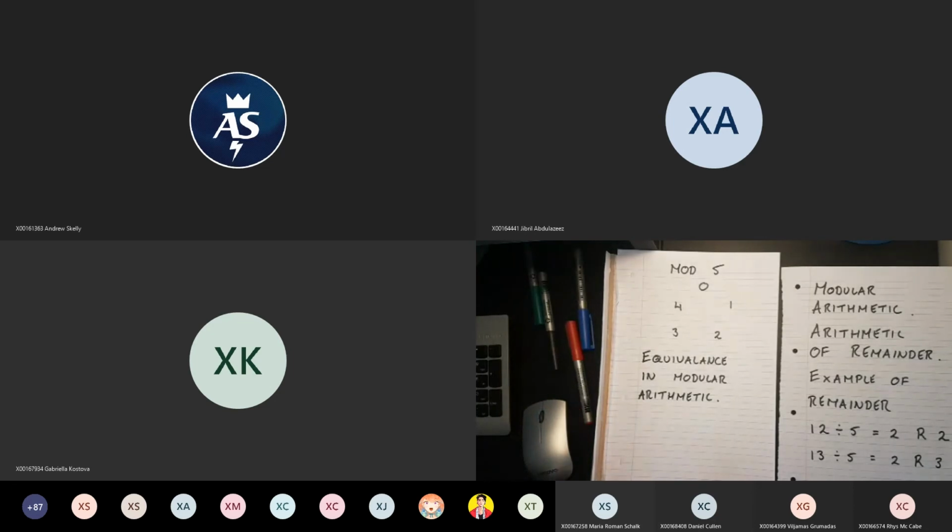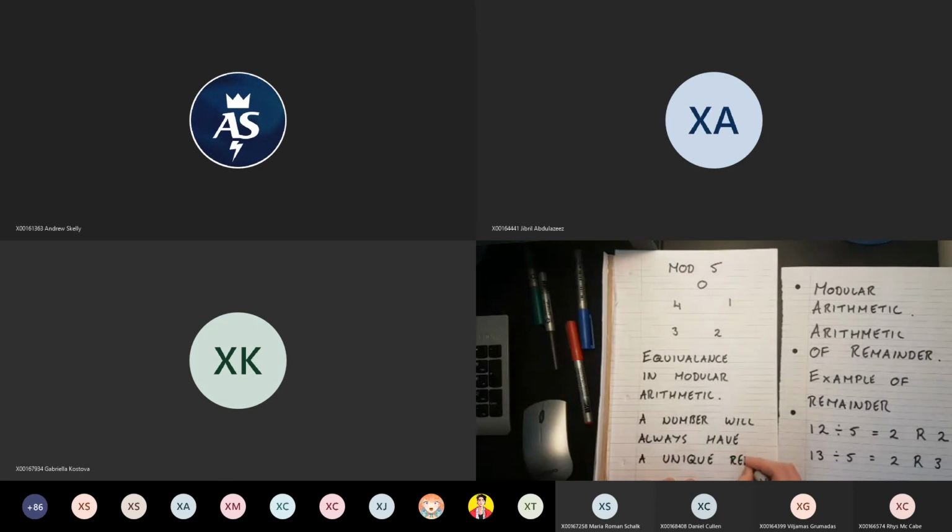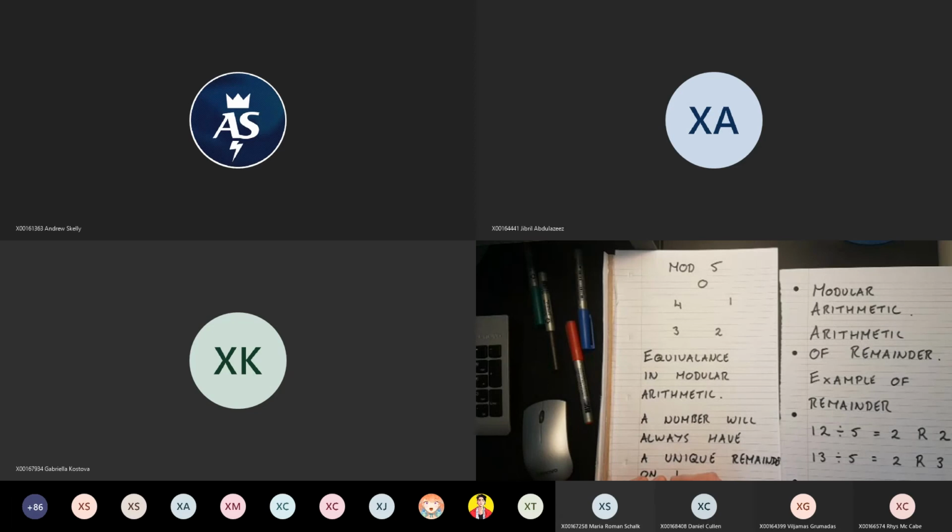Okay, so the basic rule is that a number will always have a unique remainder on division. Sorry, I've just gone off the side of my page there.